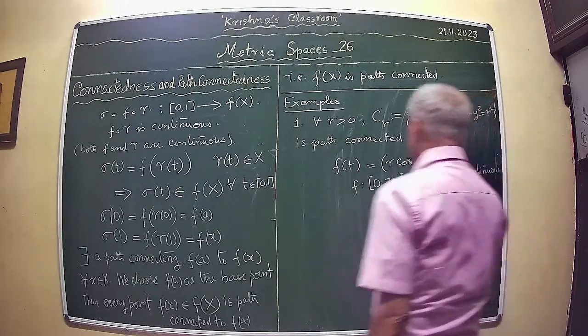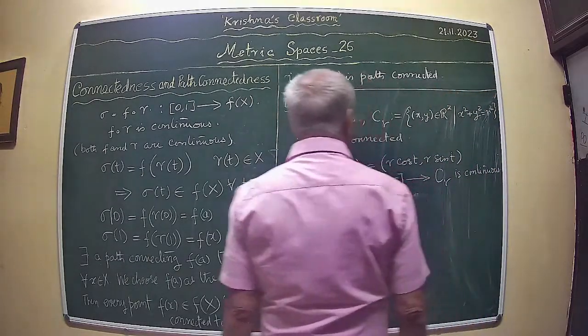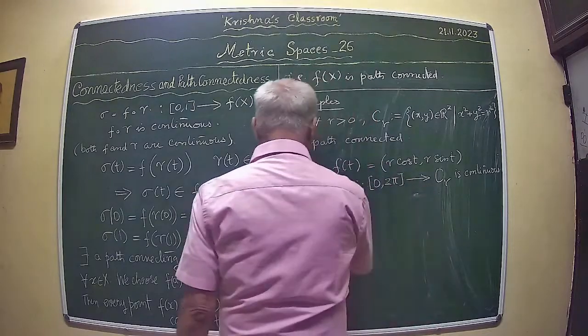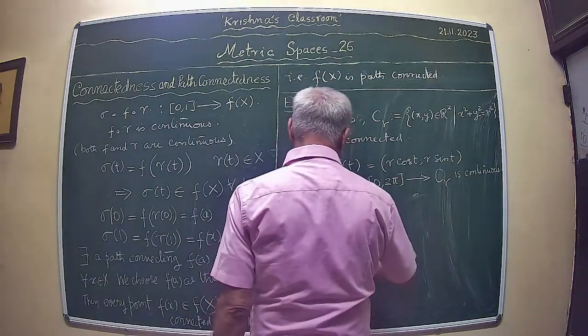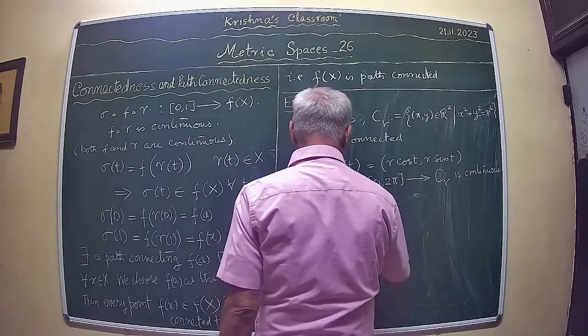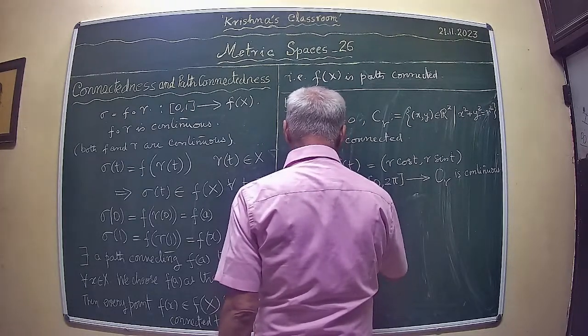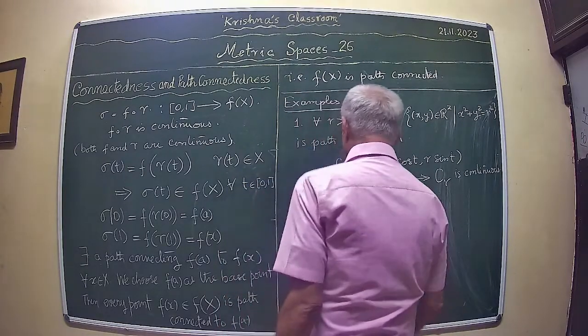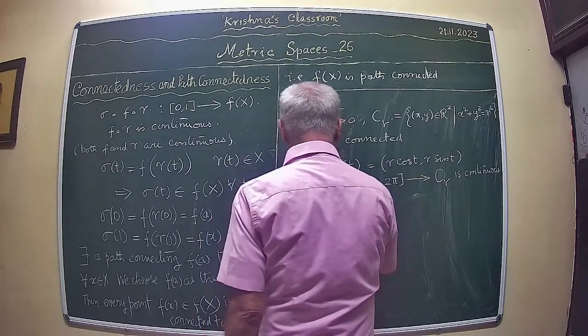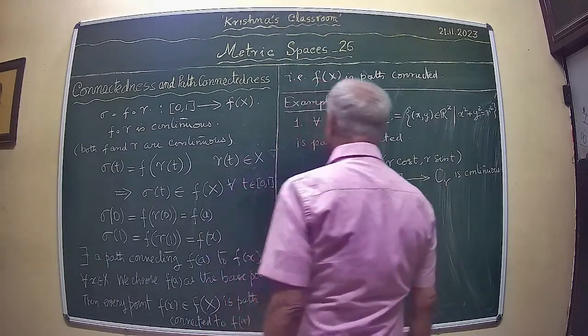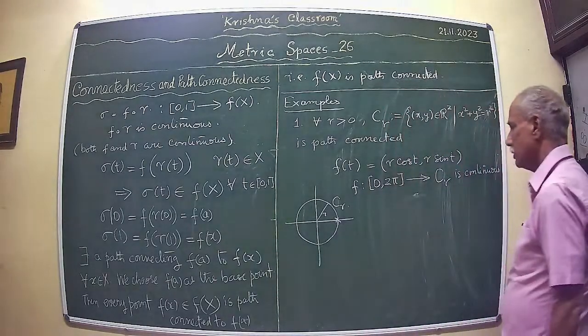And using this, one can build a path. See, actually what you are working on is this circle, not the unit circle, but with radius r. So if you start with some point here, you can certainly write down the corresponding equation.